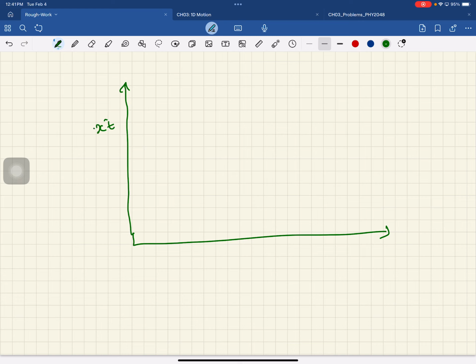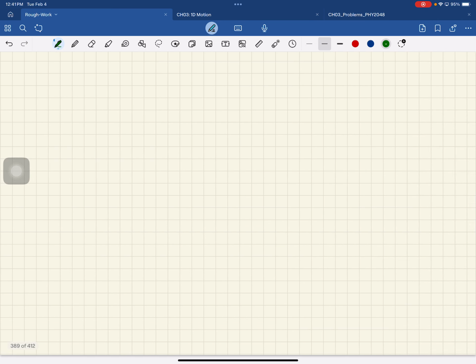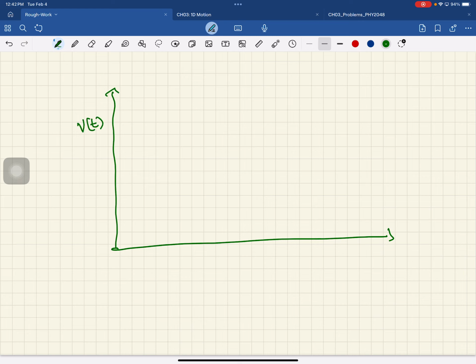Now, if you happen to plot the position as a function of time, that slope turns out to be the velocity. So depending on what it is that you plot. If you're plotting velocity as a function of time, the slope turns out to be acceleration.